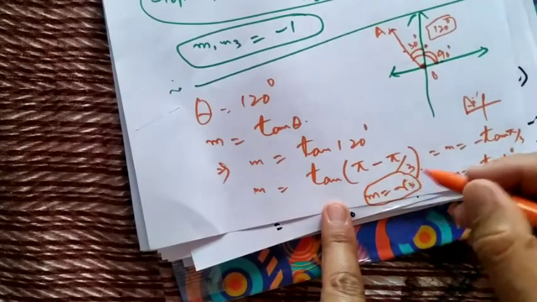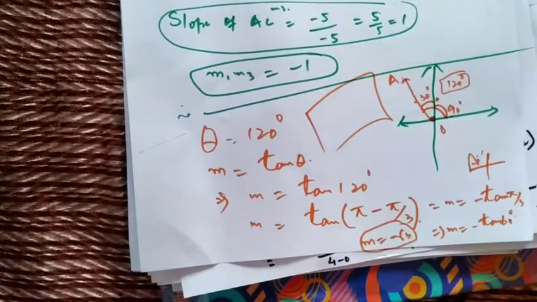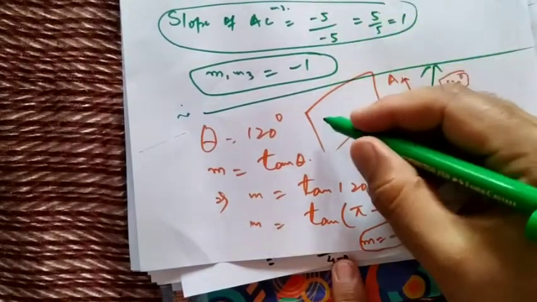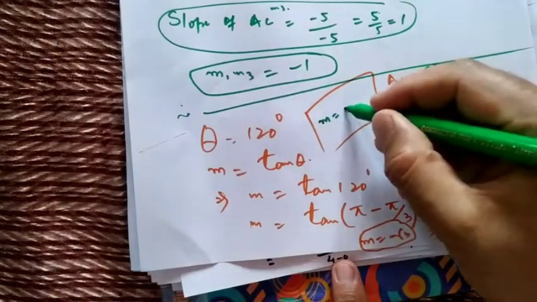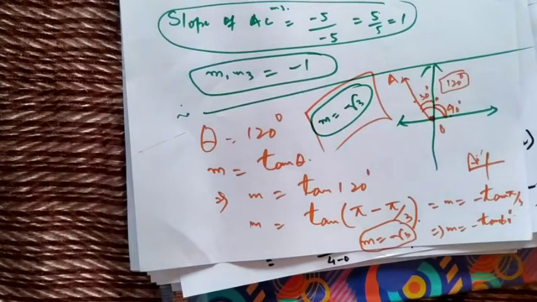So the slope of the line is m equal to minus √3. Clear?